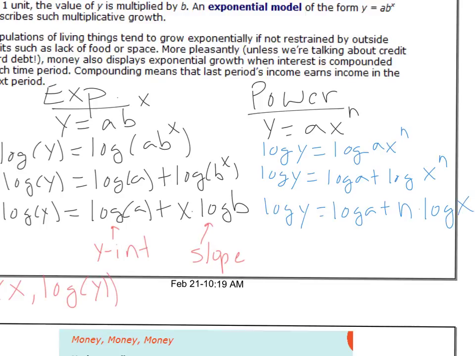Okay? Remember that x and y are the variables, so this again forms a line. Think of n as the slope, log of a as the y-intercept. This, however, compares the log of x to the log of y. So if I take the logarithm of both variables, that is kind of checking to see if the original data has a power model. Okay?